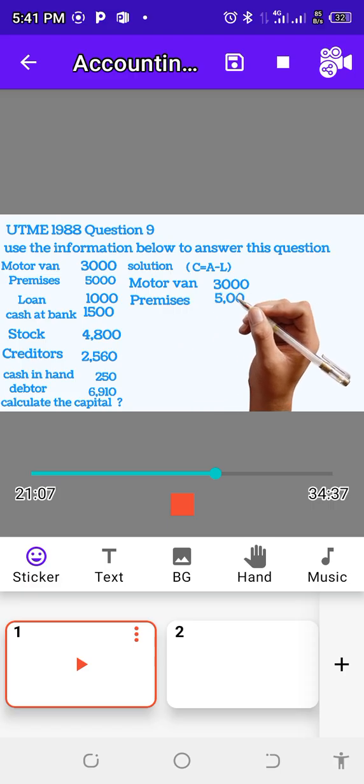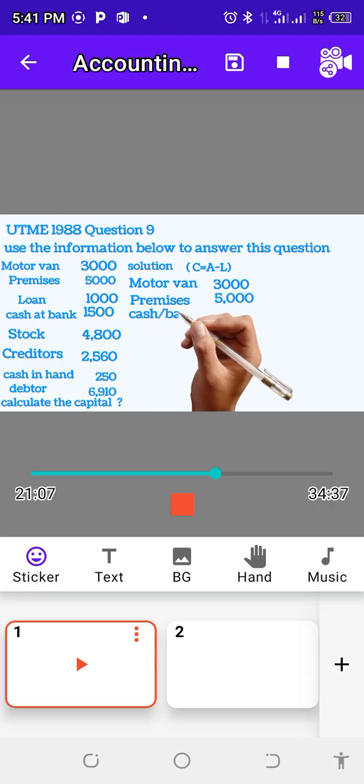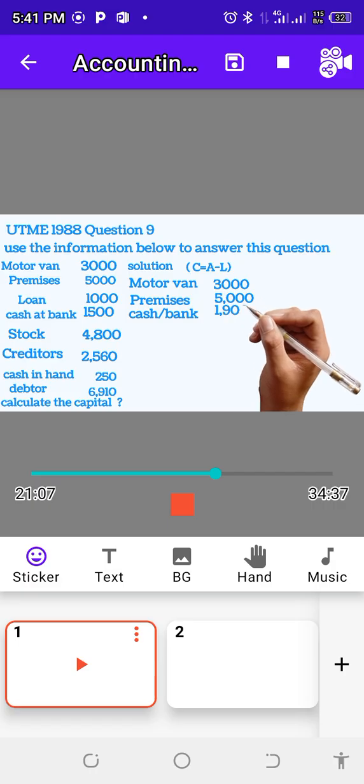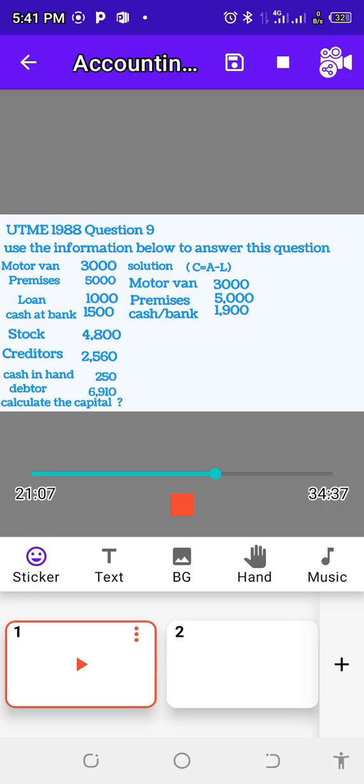Now, motor van is 3,000, premises 5,000, cash in hand and cash at bank 1,900, and stock is 4,800. Debtors are 6,910. All these are the assets. The total will give you 21,610.